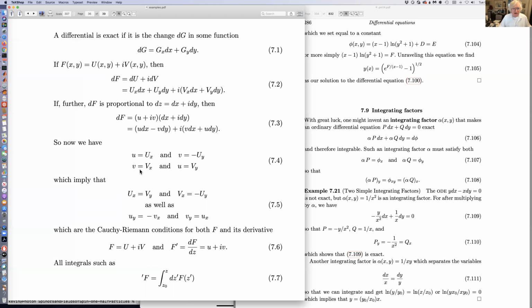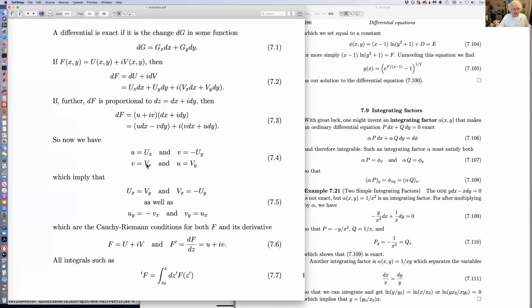And on the other hand, v is also equal to vx, and u, which occurs here, is also vy. Now we notice that we've got some striking regularity here, namely ux is vy, and vx is minus uy.